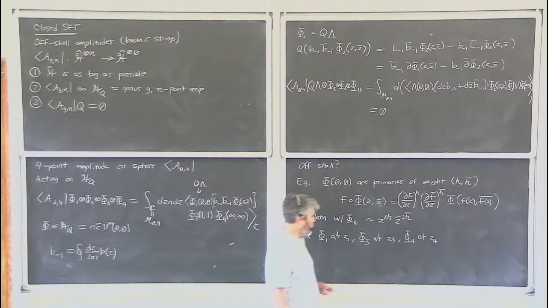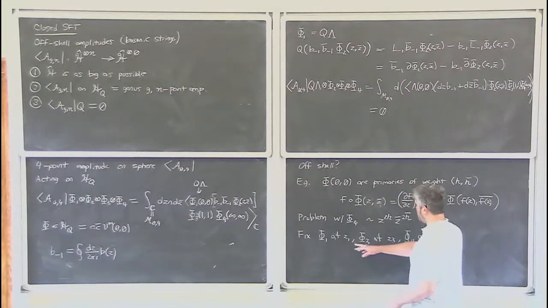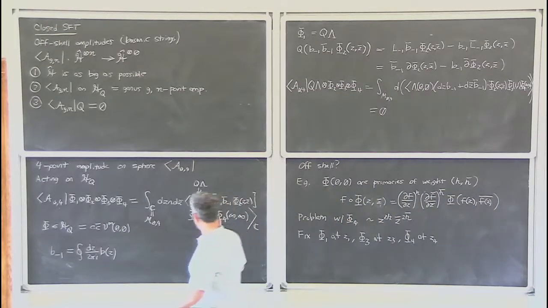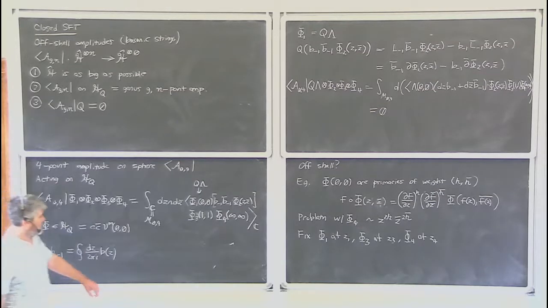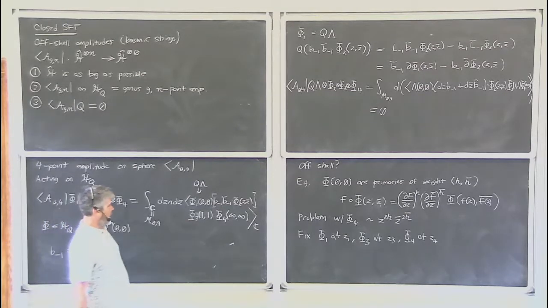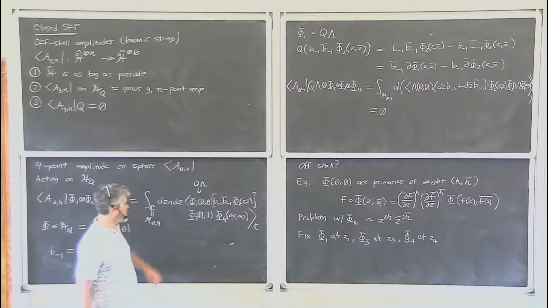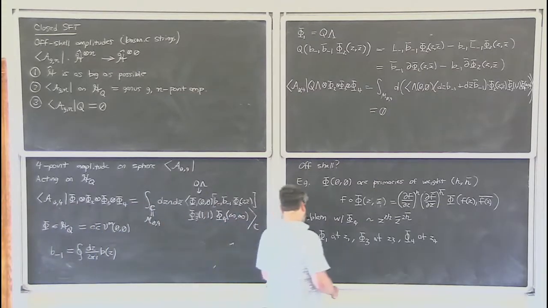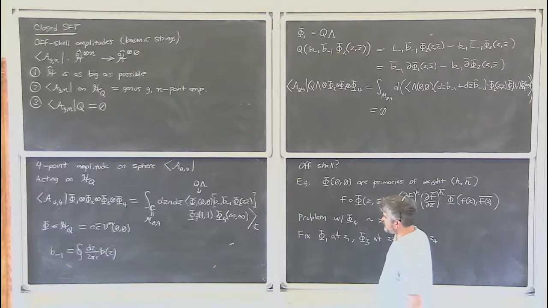In fact, there's more than a three-parameter ambiguity because we could have chosen some different coordinate systems on the Riemann sphere. The complex plane is the conventional and simplest coordinate system, but there are an infinite number of others. And if we had inserted these vertex operators in some other coordinate system and then went off shell, we would have generated some different off-shell continuation of this amplitude.